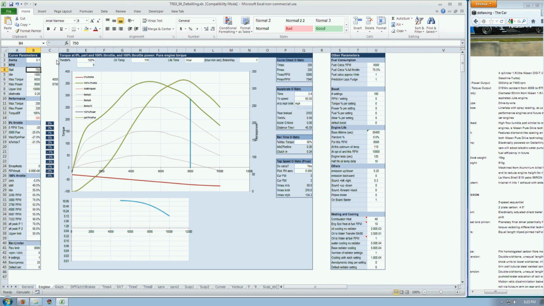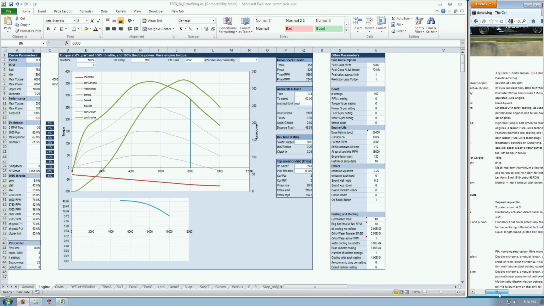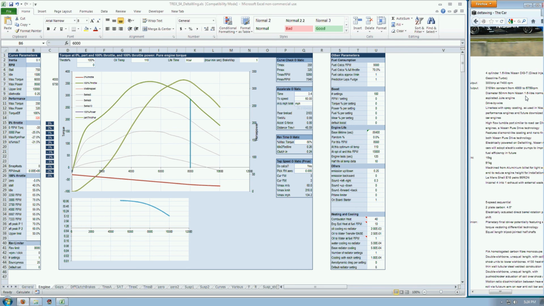Stall RPM 750 is fine, idle 1500. No idea, but it's probably acceptable. Maximum torque: looking at the data they say there's a constant torque from 4000 to 7600-something RPM.